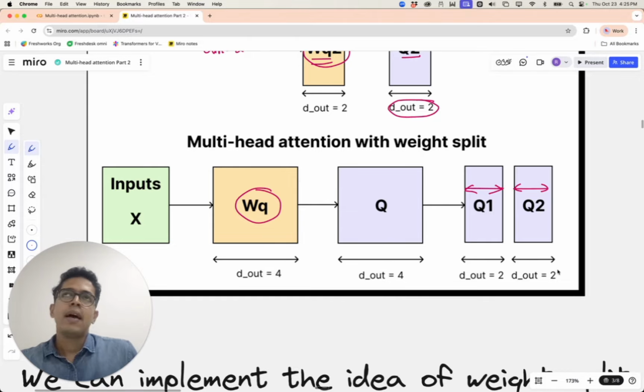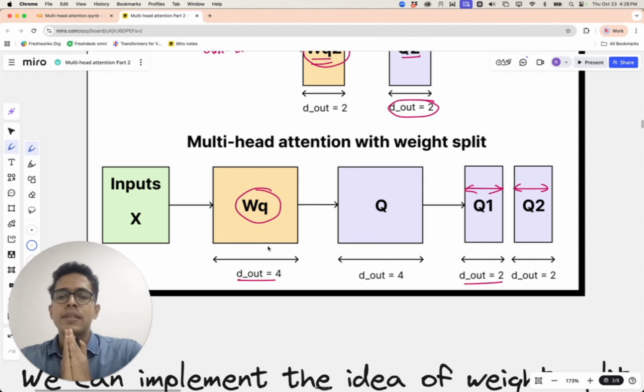And let's say we have 2 attention heads, then the dimensionality over here should be 2 multiplied by 2 equal to 4. On the other hand, if we were supposed to have 3 attention heads, and if we want the dimensionality of the actual query, key, and value vectors to be 2, then here D out would have been 6.